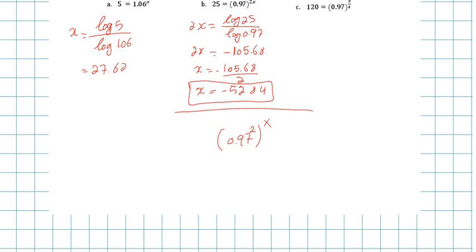Now you can do that on the calculator. What do you get when you do 0.97 squared? You get this? Now you have x by itself. So all you have to do is log 25 divided by log of this, and you get the answer.